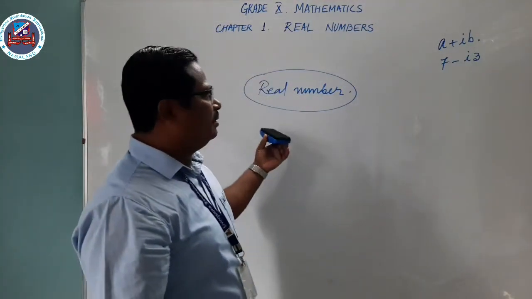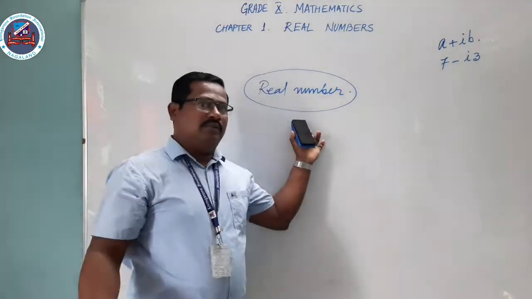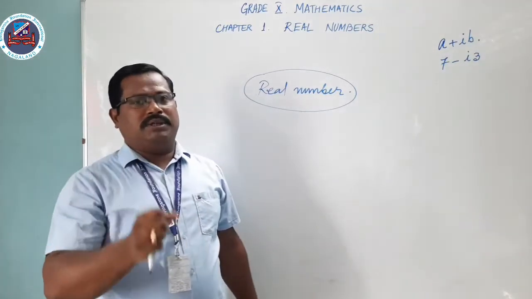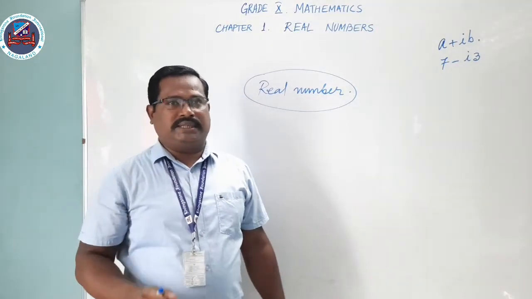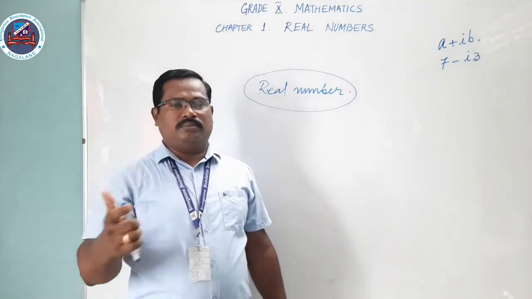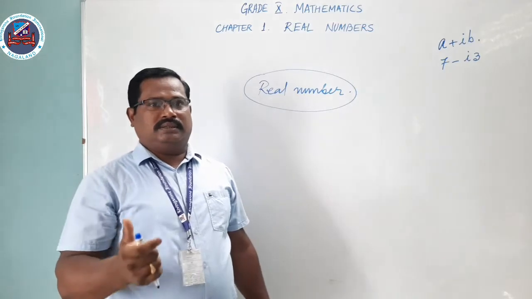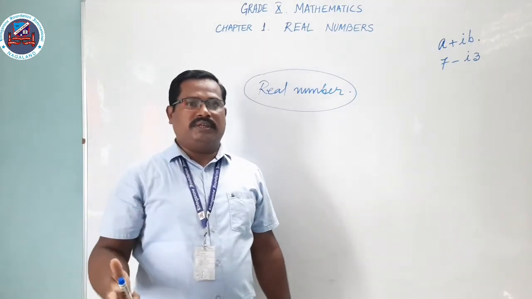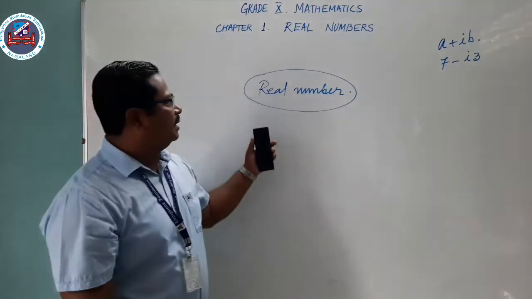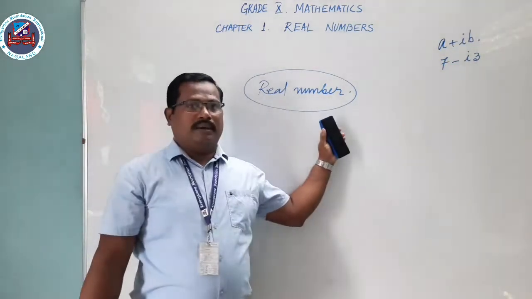But till now, from lower classes till grade 10th, those numbers are all real numbers like rational number, irrational number, whole number, prime number, composite number, even number, odd number, whatever numbers you have been studying from small class till now, these all numbers are called real numbers.